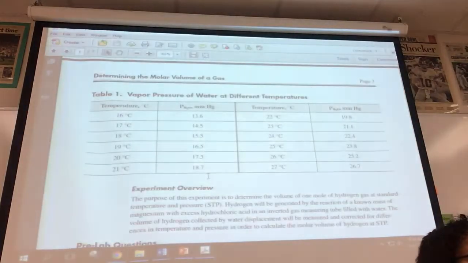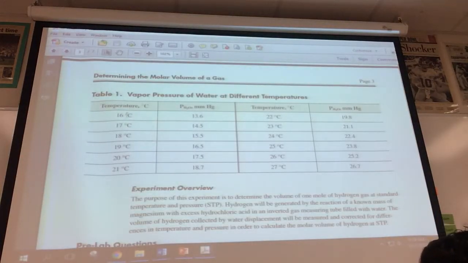If you know the temperature at which the experiment is run, typically room temperature, although it's a little cold in here, let's say 22 degrees Celsius in here, maybe even 21 because it's freezing. This would be the partial pressure of the water vapor in millimeters of mercury. So from the temperature you can get the pressure of the water vapor.